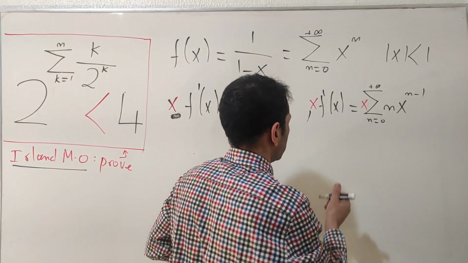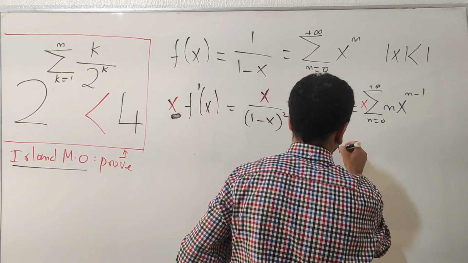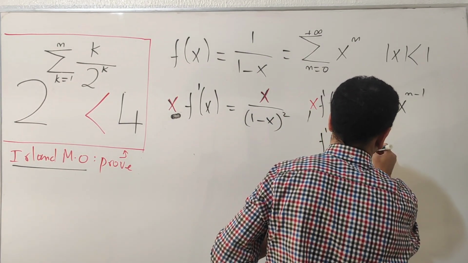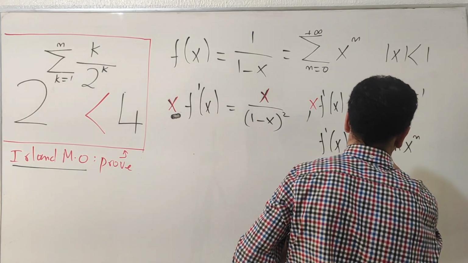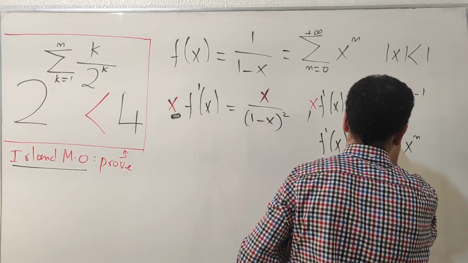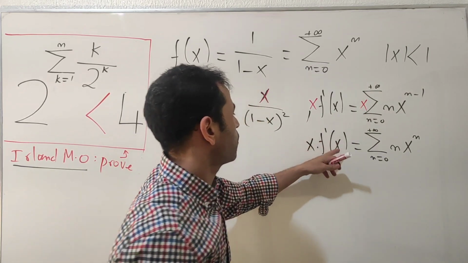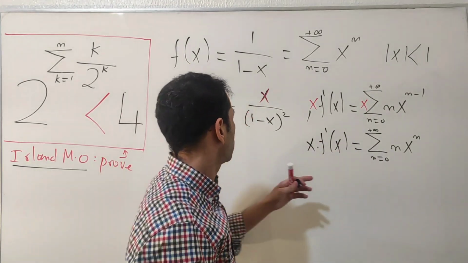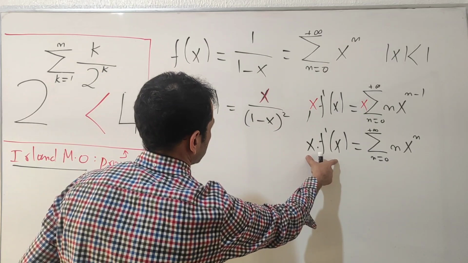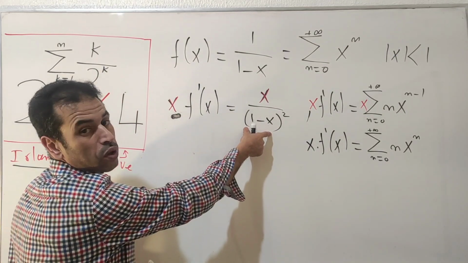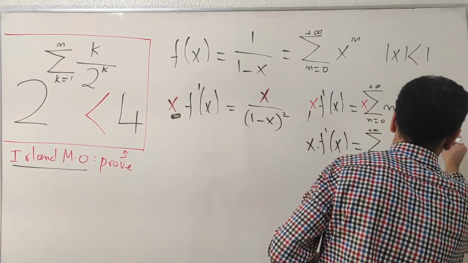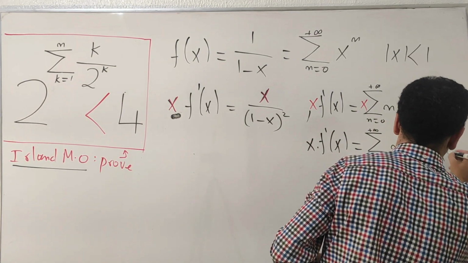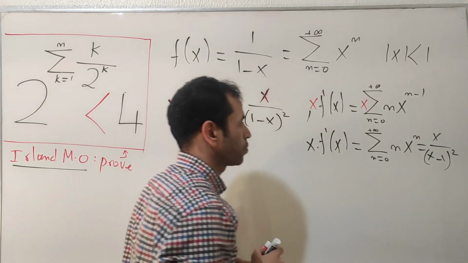I get x times f prime of x equals the sum of n times x to the n as n goes from 0 to plus infinity. This is also going to equal x over 1 minus x quantity squared.